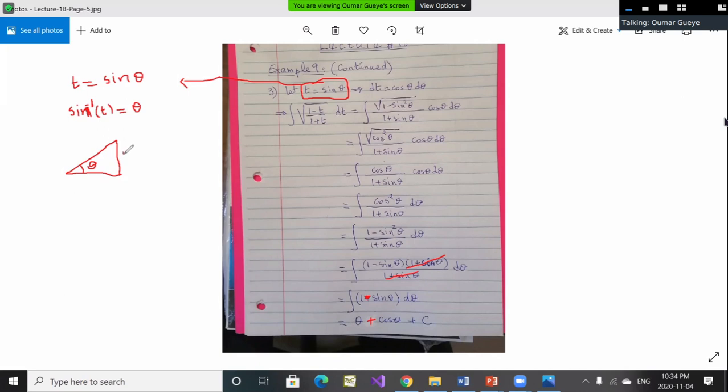So it means the numerator t is the opposite side, and the hypotenuse is equal to 1. And the adjacent side, by using the Pythagorean theorem, is going to be square root of 1 squared minus t squared. And from the triangle here, the cosine of theta is going to be the adjacent side over the hypotenuse. So the hypotenuse is just 1. It's going to be just the adjacent side.